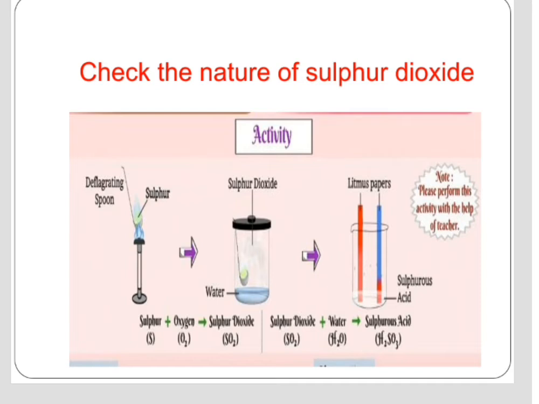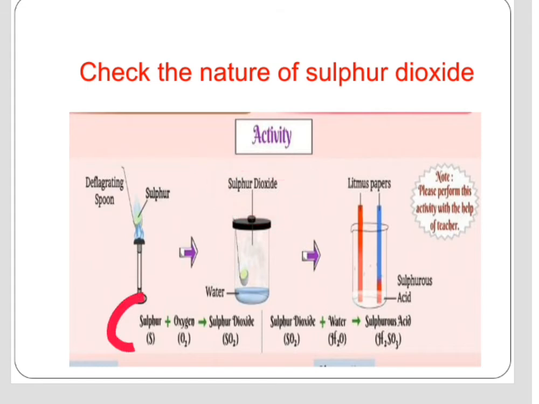Observation: blue litmus paper changes into red and there is no effect on red litmus paper. That's why sulfur dioxide is an acidic oxide in nature.